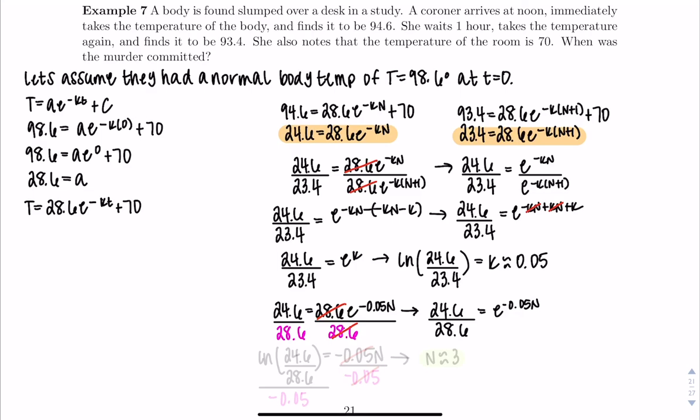Then we're going to take the ln of both sides so that we can get the n down. So we have negative 0.05 n. And the last step is to divide by 0.05 on both sides. And so you get that n is about 3.